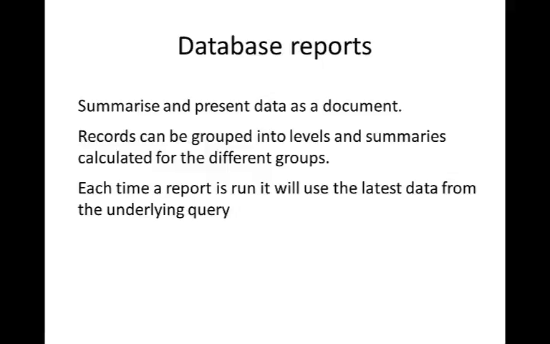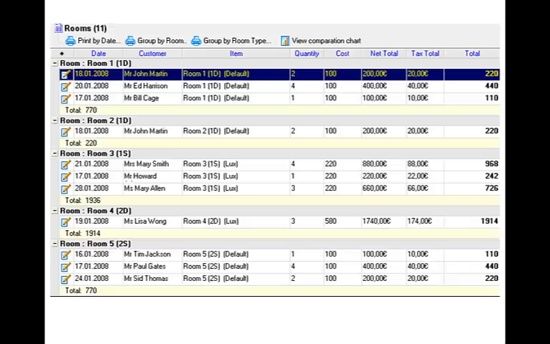Basically that allows you to summarize and present the data in the database in a document format. You can group records by different categories, provide summary statistics for them, and unsurprisingly, each time the report is run, it generates from the latest data.